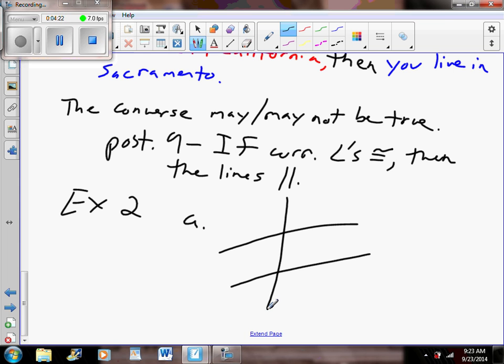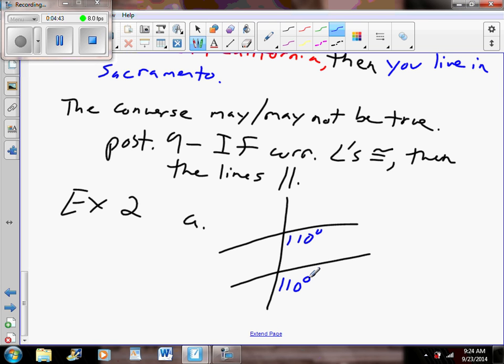You've got your transversal coming down here, and then you've got your two angles, 110 degrees here and 110 degrees here. Is there enough information there to determine if the lines are parallel? Yeah, because these angles are corresponding. So yes, those lines are parallel.